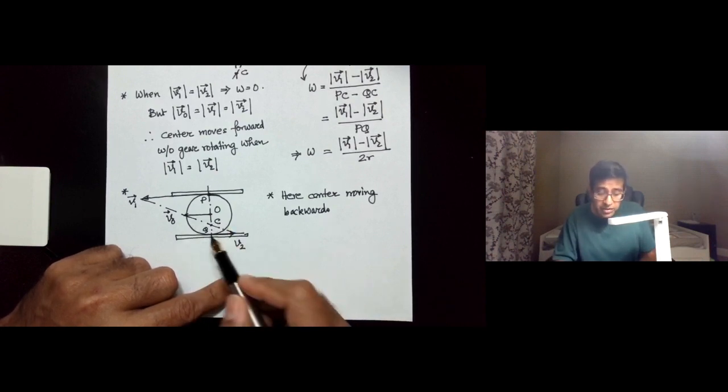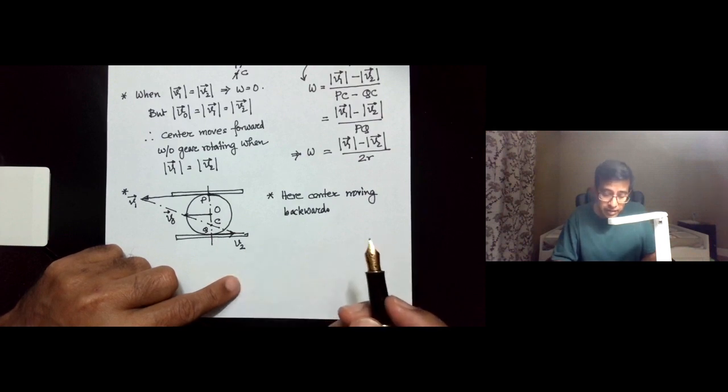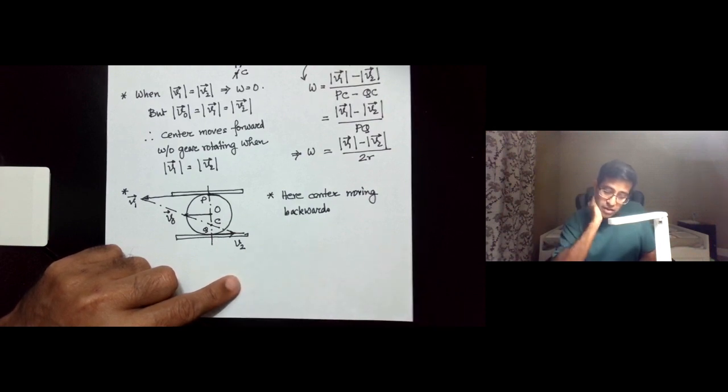Right? And you can do similar calculations to find the angular velocity. Again, using similar triangles, you can find the angular velocity expression if V1 and V2 are given.